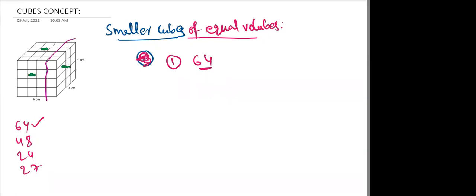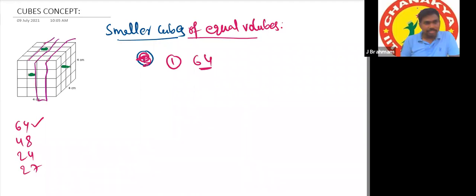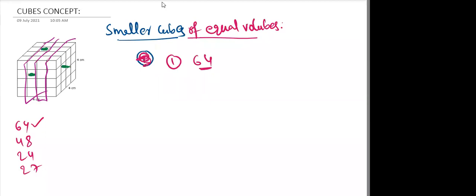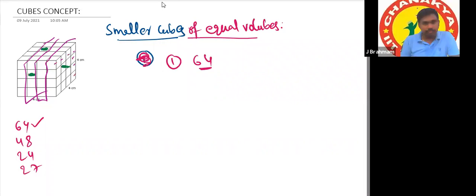This is the second layer, this is the third layer, and this is the last layer. In every layer how many cubes are there? 16 cubes. 1, 2, 3, 4, and this side also 1, 2, 3, 4. 4 fours are 16. So in every layer there are 16 cubes, and there are 4 layers in total. Total 64 cubes.